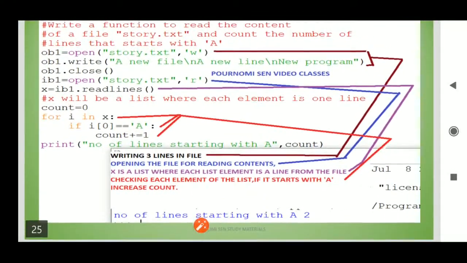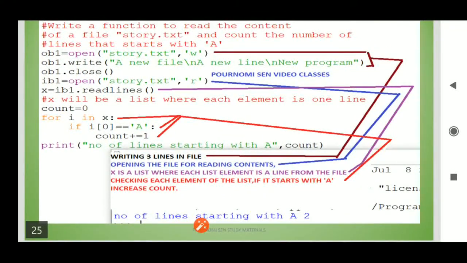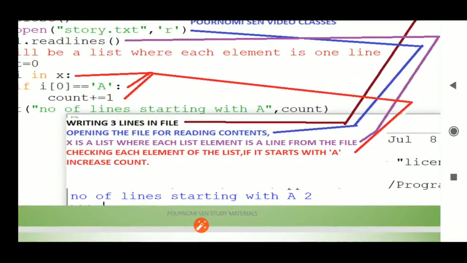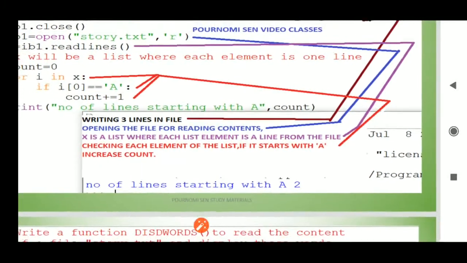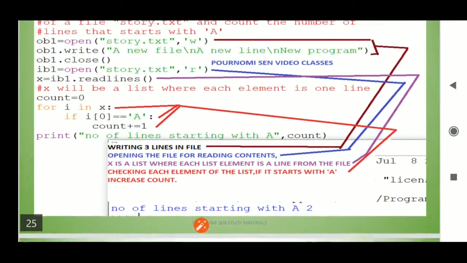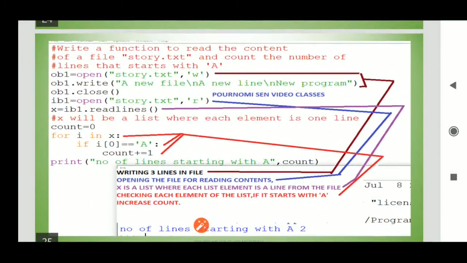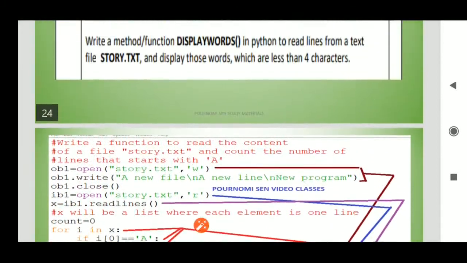So we have 2 lines that start with a, and the output is: number of lines starting with a is 2. So this is the program for reading the content of the file story.txt and counting the number of lines that start with a. This is how you need to do the first program.